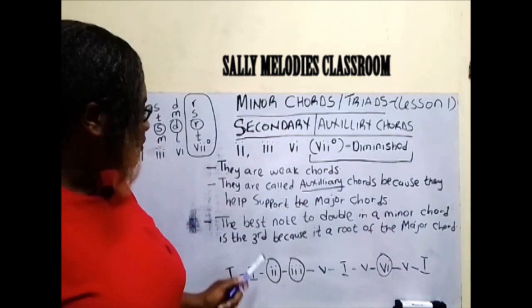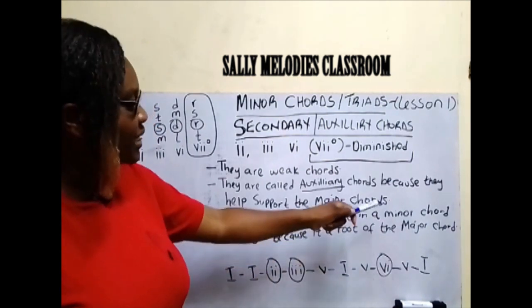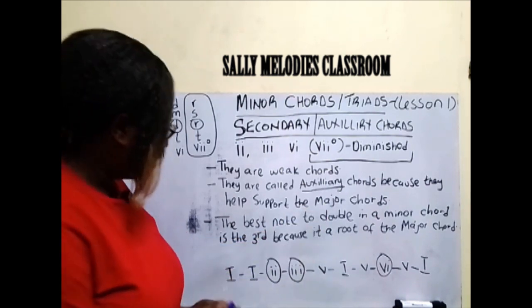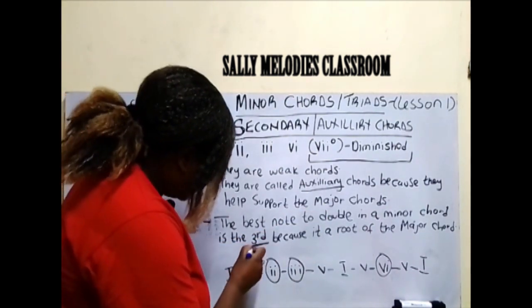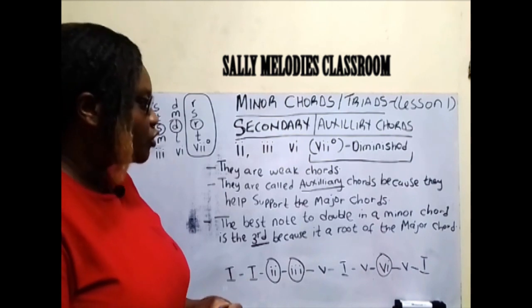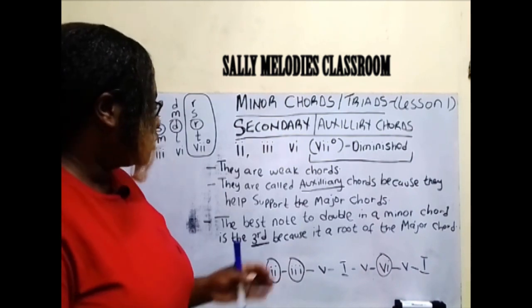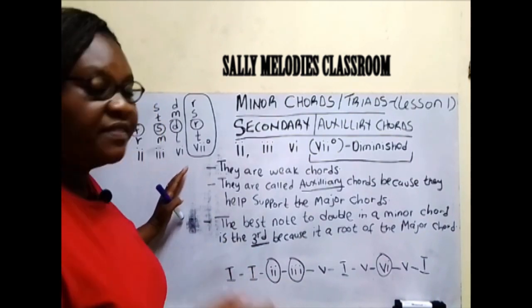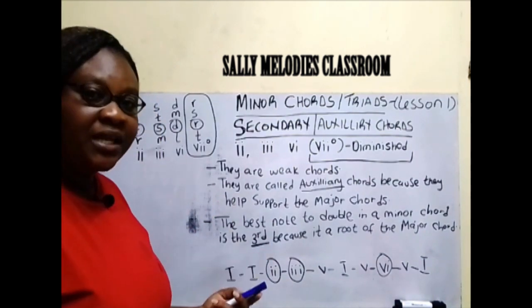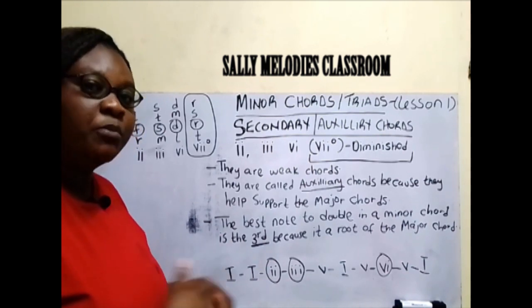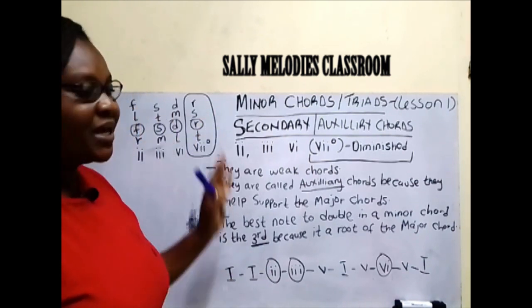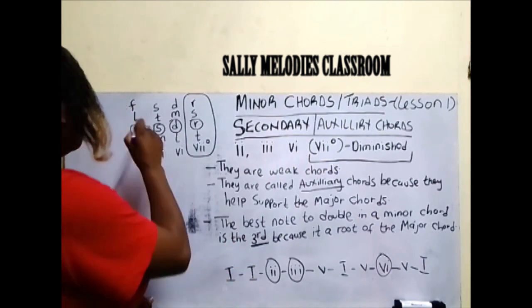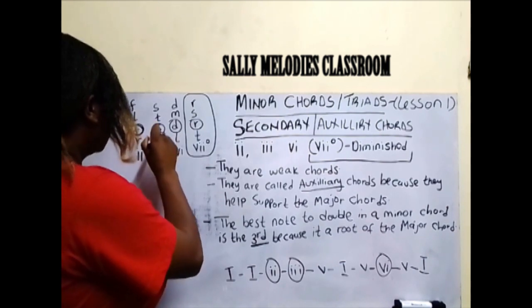And then the best note to double in a minor chord is the third. It's the third because it is the root of the major chord. You see, in the major chords, we used to double the root. But when we come to the minor chords, ensure that when you are doubling, you double the third, the one at the middle.